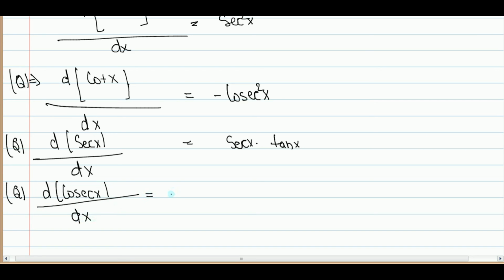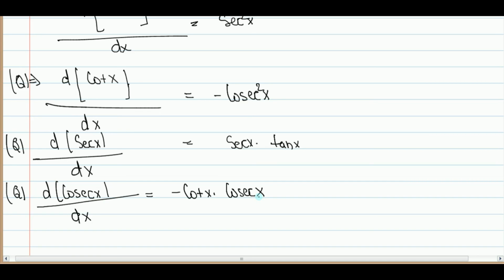What about the cosec x? The value will be minus cot x into cosec x. How are we going to solve this cosec x differentiation? You only need to write it as 1 by sin x, and 1 by sin x is nothing but the division of 1 divided by sin x, and you can use the division formula.